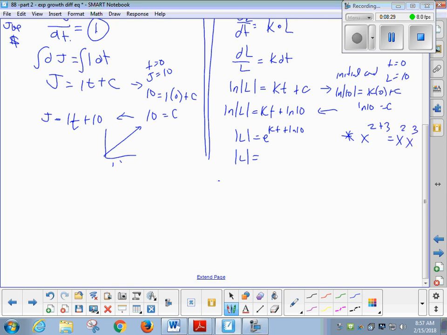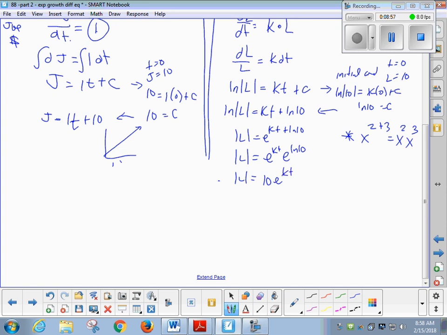Isn't that the exponent rule? When you multiply two things with exponents, it's the same as the single with the sum, right? Now I'm going to use that, but in reverse. This is equal to e to the kt times e to the ln 10. Not plus, times. Now that's nice, because e to the natural log of 10 is just 10.